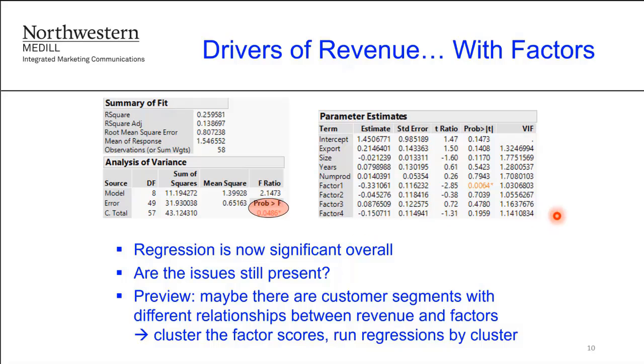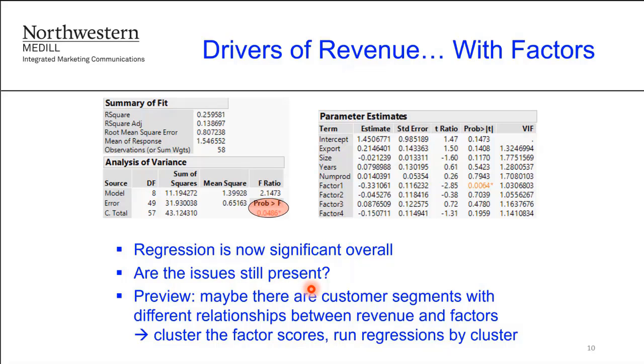The most important reason is that we resolve the multicollinearity issues that arise from having too many questions in the survey. So we reduce the dimension to the factors, and we use the factors as input for the new regression. Are the issues still present?